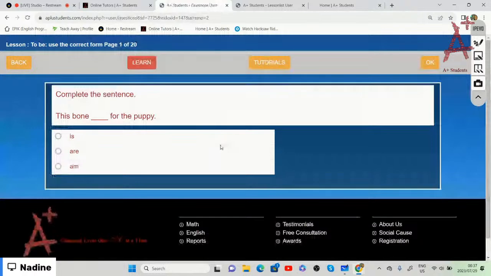The bone are for the puppy? In this sense, we're going to say the bone is, because it refers to one animal only. So the bone is for the puppy. Is refers to one person, animal, place, or thing.